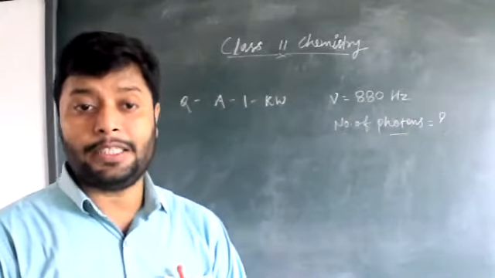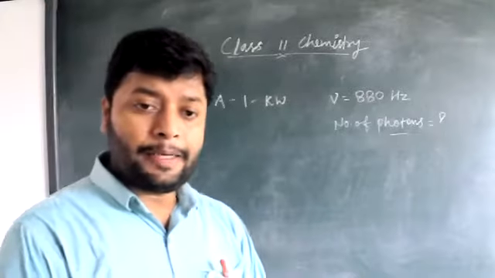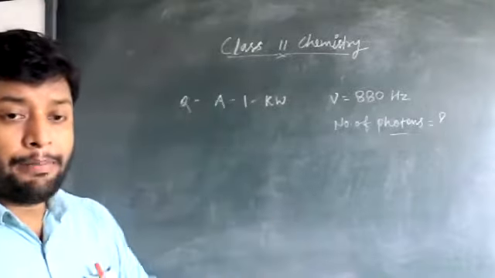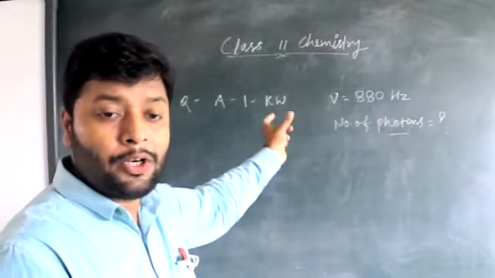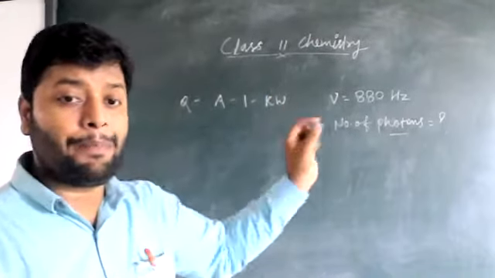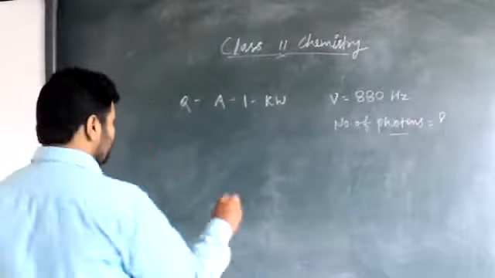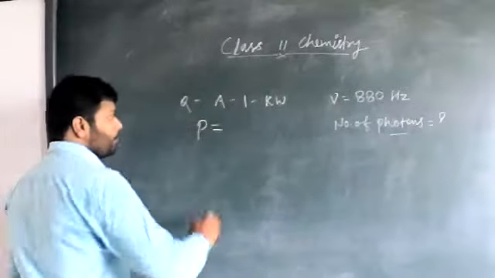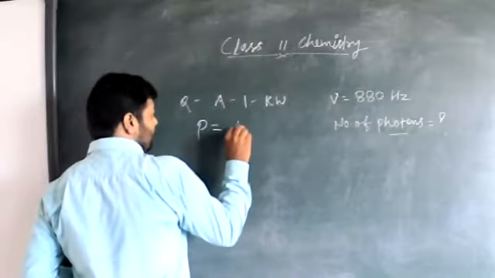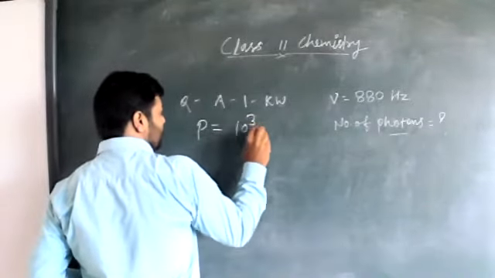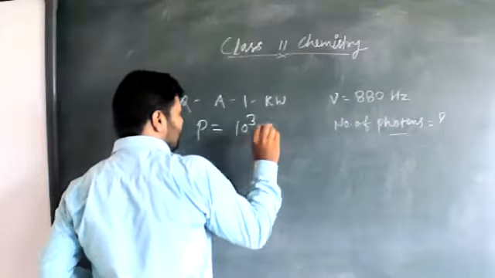Number of photons. Whenever this type of question is given, you have a power. This is called power, because kilowatt is the unit of power. So you can see the power of the instrument is 10 to the power 3 watt.